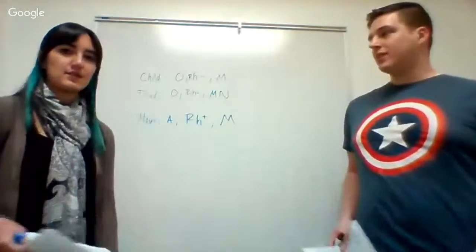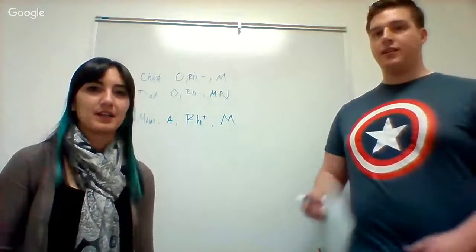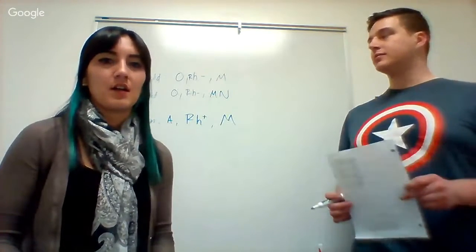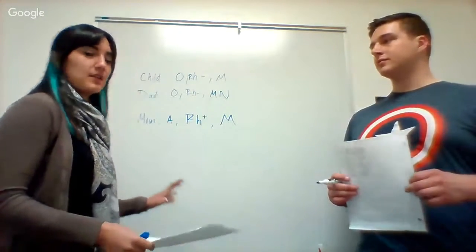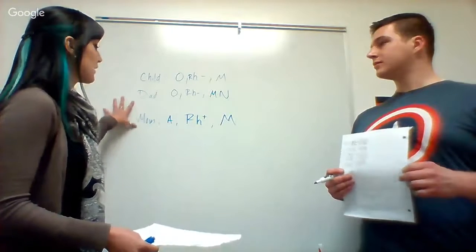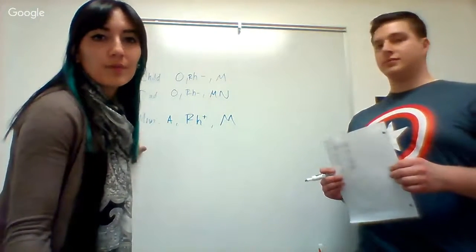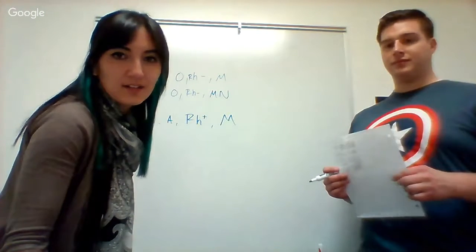All right. So for question number 1, it talks about the different blood types everybody can have, and here is what they give us for the child, the mom, and the dad.